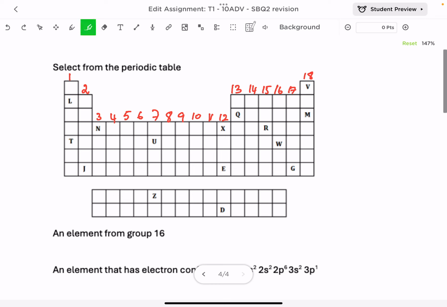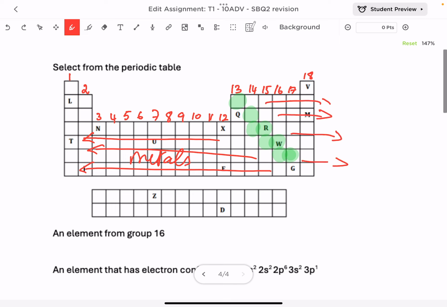Now, here's the stairs. So everything before the stairs are metals. After are non-metals.